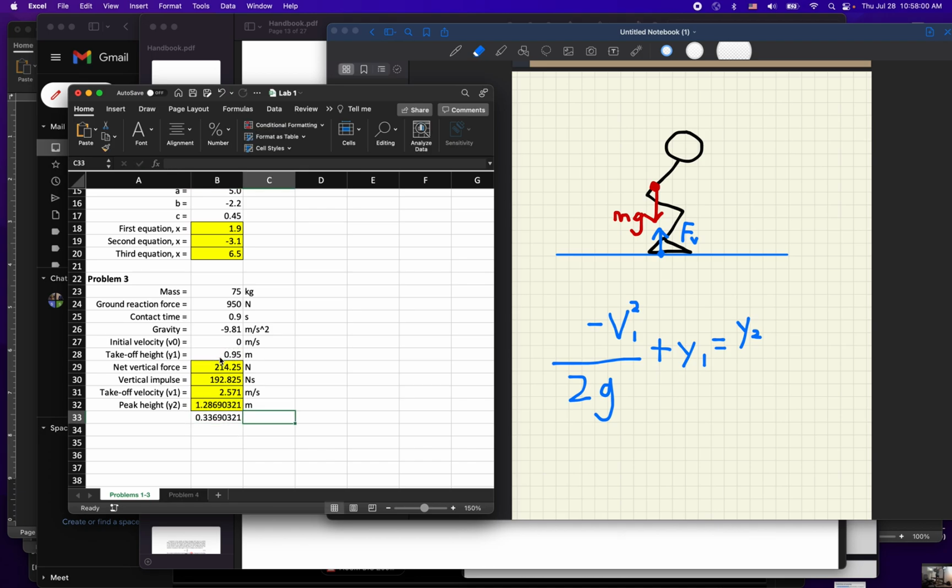That tells me my change in height from takeoff until the peak height was about 0.34 meters. Let's convert that into centimeters, about 34 centimeters, and then convert that to inches, dividing by 2.205. Okay, so this person did a jump here of about 15 inches.